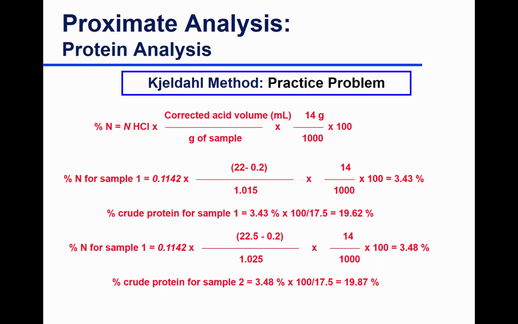How do you convert to wet basis? What's the equation of converting dry to wet? So you have 19.7 grams of protein in 100 grams dry matter.